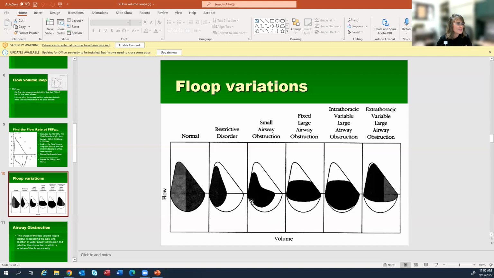Here it's showing still a little reduced compared to a normal person breathing in. And then if you have an airway obstruction, so imagine, what was our examples that we gave?